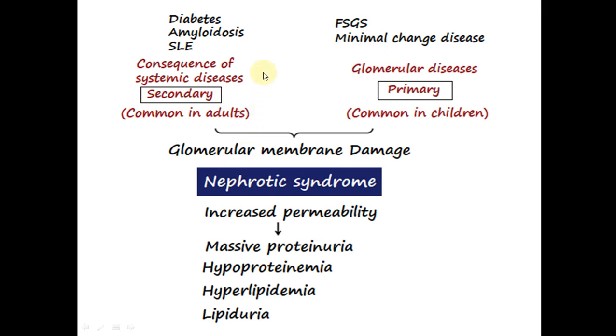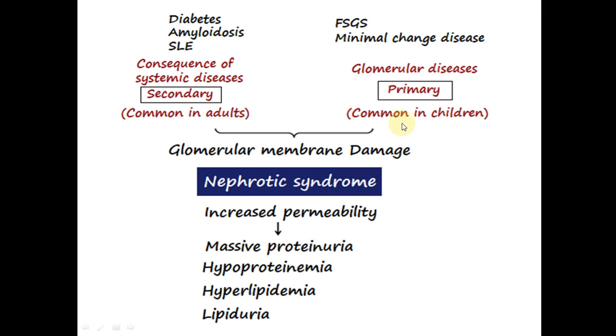For example, in diabetic nephropathy and in conditions like amyloidosis and systemic lupus erythematosus, they will cause damage as a secondary and bystander damage to the glomerular basement membrane and filtration barrier. And this type of nephrotic syndrome is commonly seen in adults.